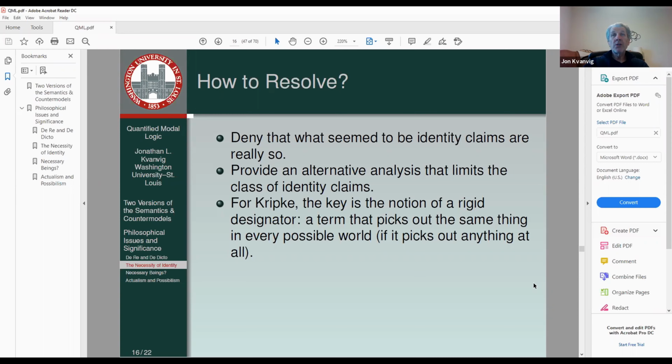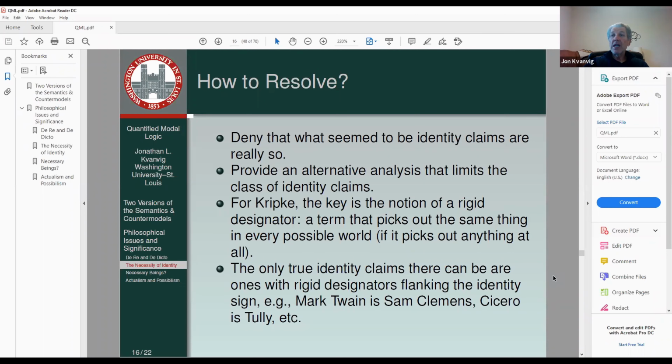You go to some other world and it picks out either nobody at all or some different person who beat Franklin to the task. So it's not a rigid designator. And so if you treat that as an identity claim, it will be a false identity claim. So it's better to treat it more in the way we treat predications in general rather than identity claims.